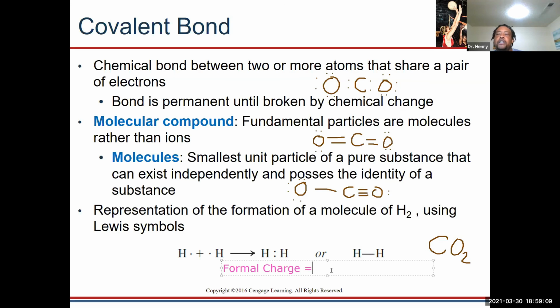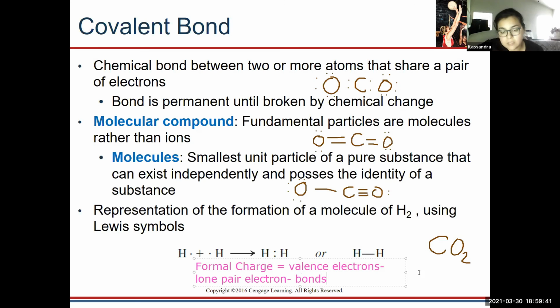Okay, so to calculate the formal charges, we want the number of valence electrons on that atom, minus the number of lone pair electrons, that means all of the electrons that are not bonding, and then minus the number of bonds.